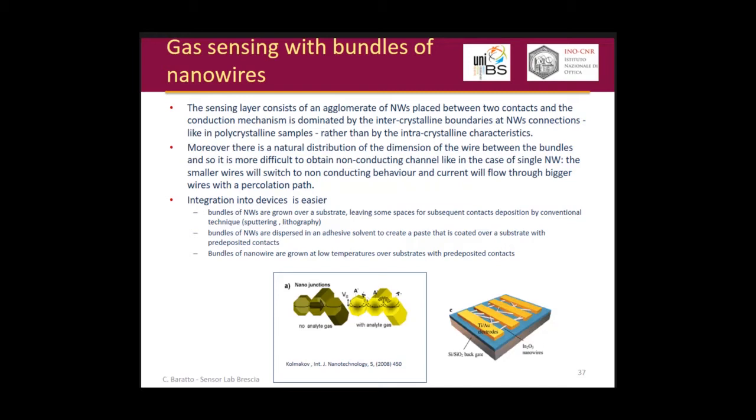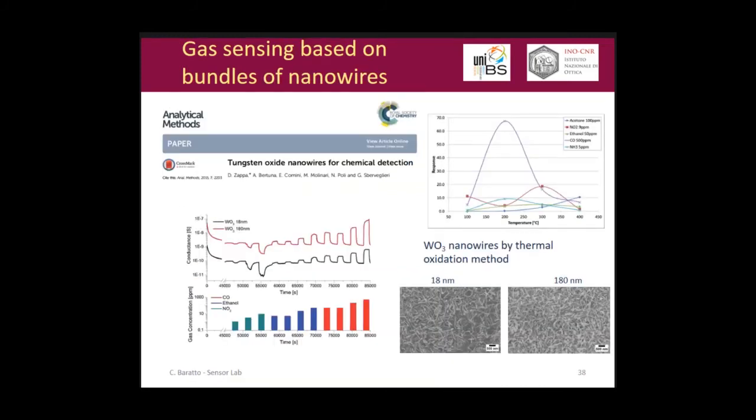But you will have a distribution of size, of course, and so the sensing is based at the nano junction, and the band bending is much nearer to the case of polycrystalline material. And just to show you a few examples, these are sensing with tungsten trioxide nanowires by thermal oxidation method.